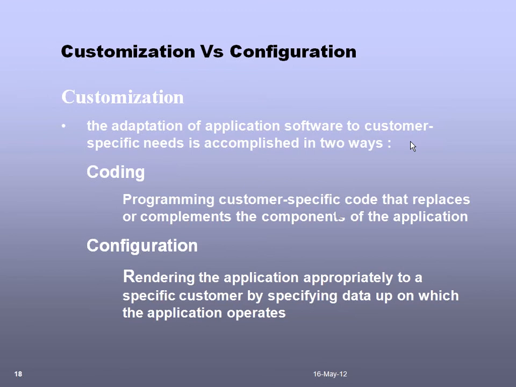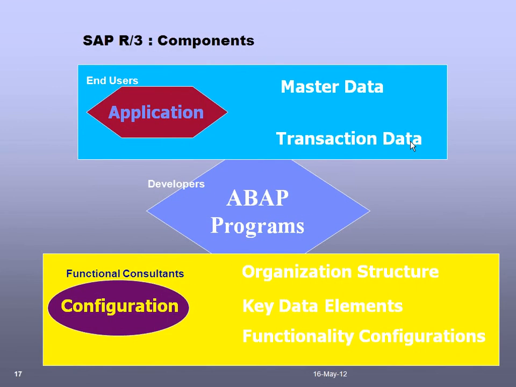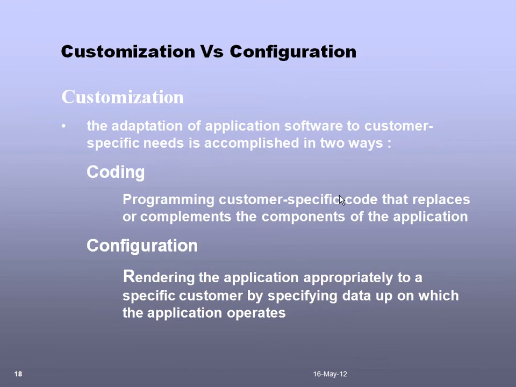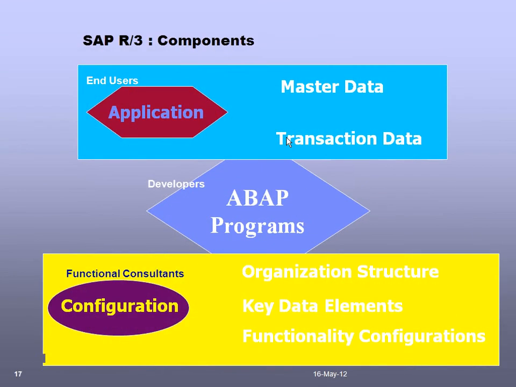The yellow strip that you see here below is called configuration. Coding means ABAP programming, the middle one.